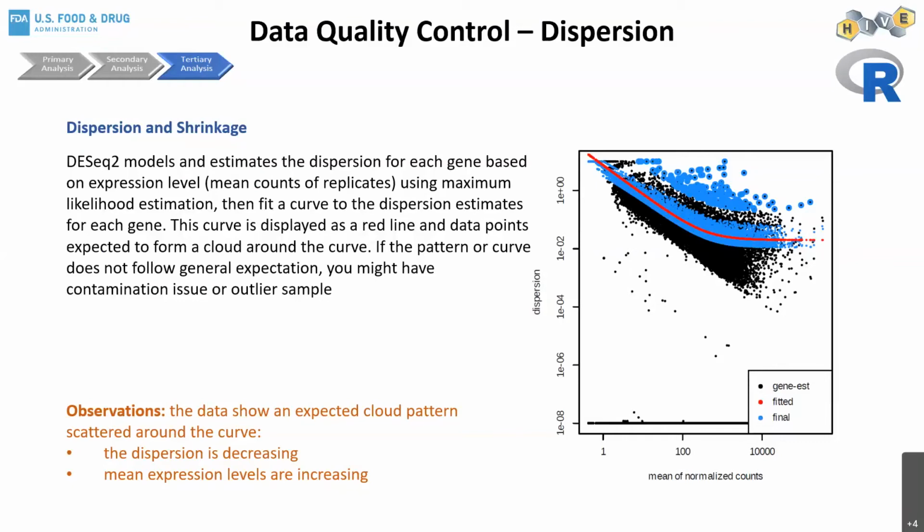The estimated data points are expected to form a cloud around the curve, and if the pattern does not follow the general expectation, we might have a contamination or an outlier sample. In this case, we can see that the data show an expected cloud pattern scattered around the curve, the dispersion is decreasing, and the mean expression levels are increasing. So we are good with this experiment.